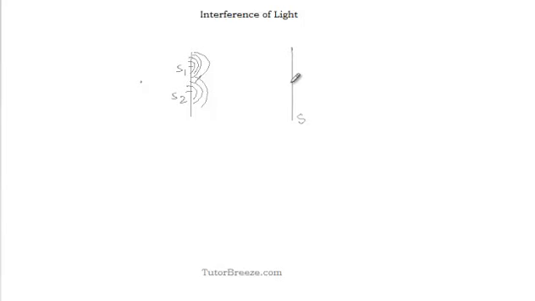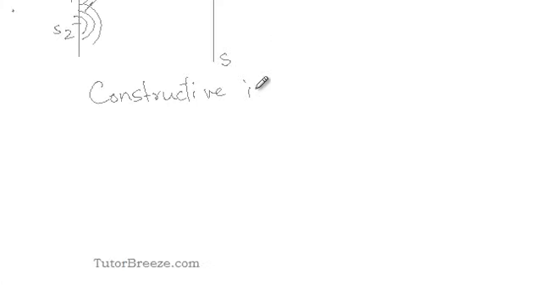Now at points where the light waves from the two slits interfere constructively, the screen is brightly lit. So in case of constructive interference of the waves, you get a bright fringe.